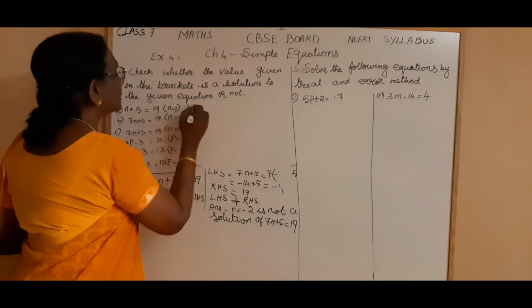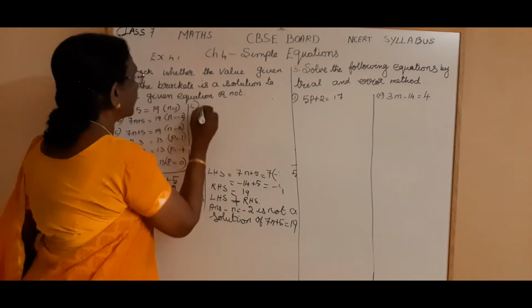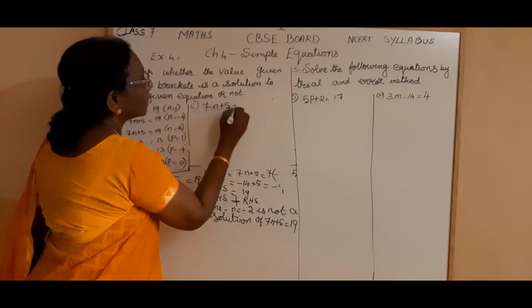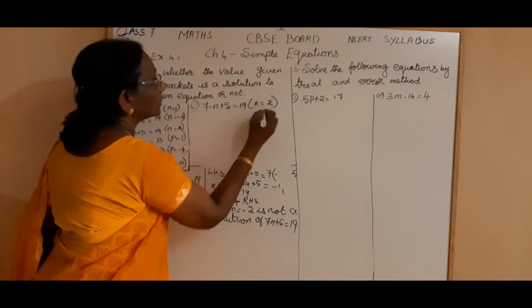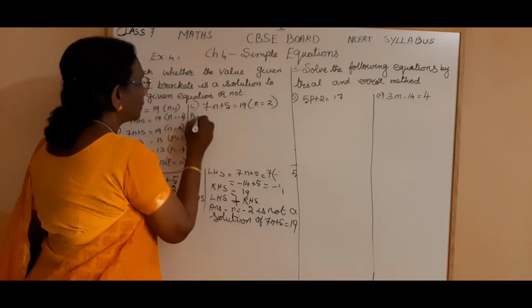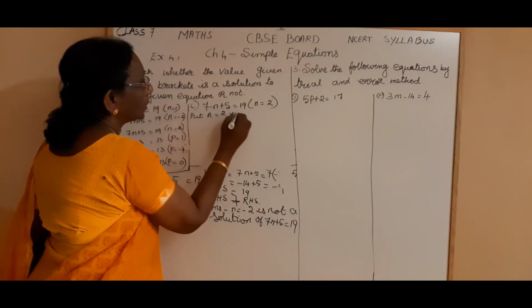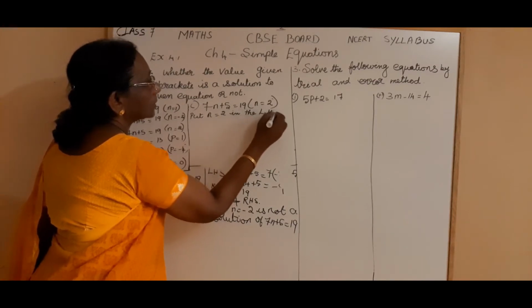What is sum number C? 7n plus 5 is equal to 19 when n is equal to 2. So the same way, put n is equal to 2 in the LHS.